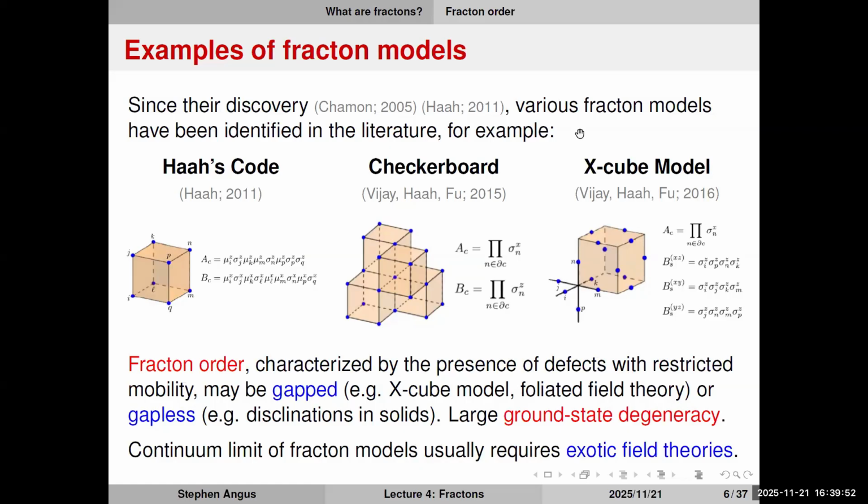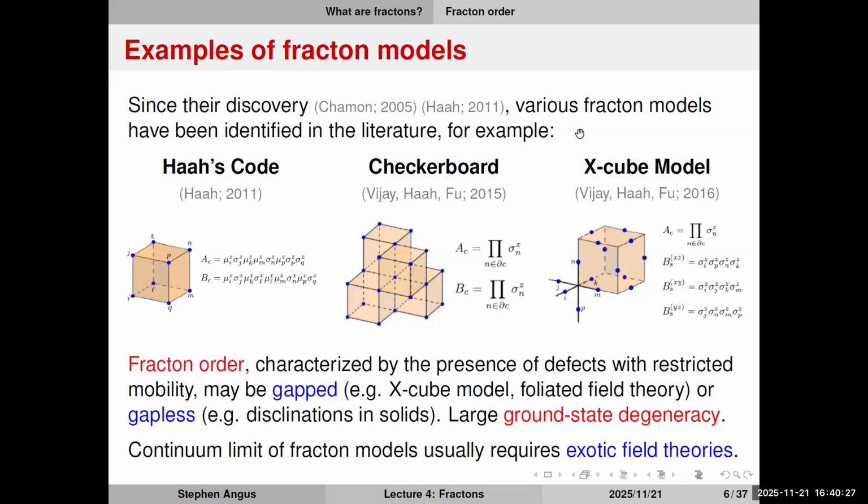And in practice, the restricted mobility can also be associated with a large energy cost for moving the excitation. So, for example, if you cannot create a dipole, then you have to create a quadrupole, which means you need to create 3 more, and there's an energy cost associated to that. And if this is present, this kind of situation is often referred to as fracton order.